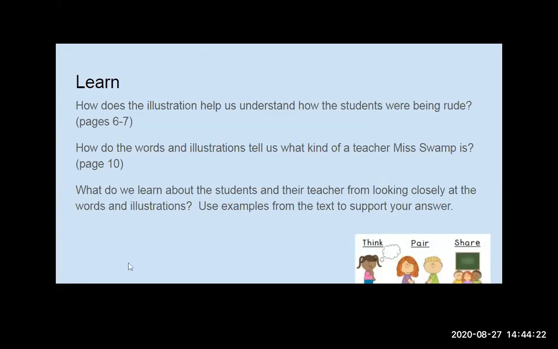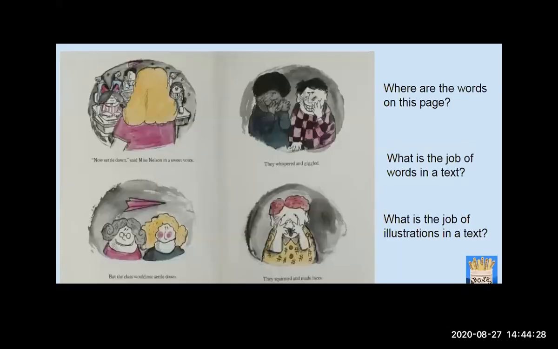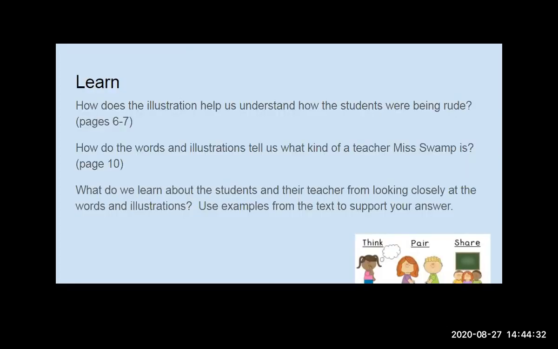So we're going to look at page 6 and 7 of the story. On page 6 and 7 of your story, if you can pull up, hold on one second. I will pull it up for you. Just one second.